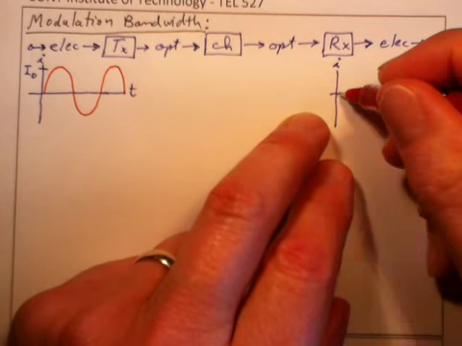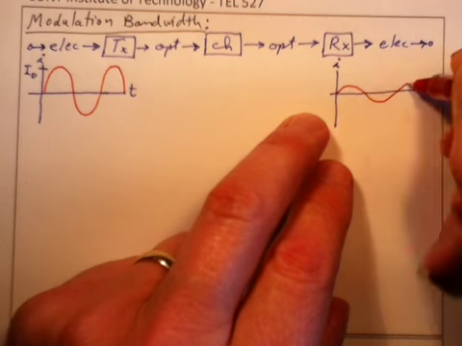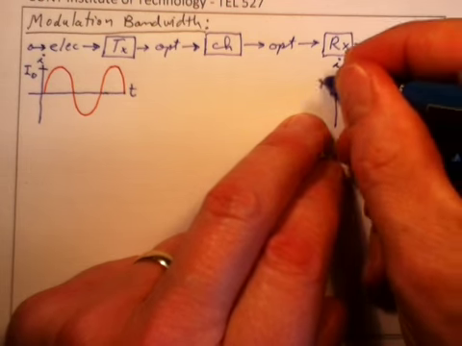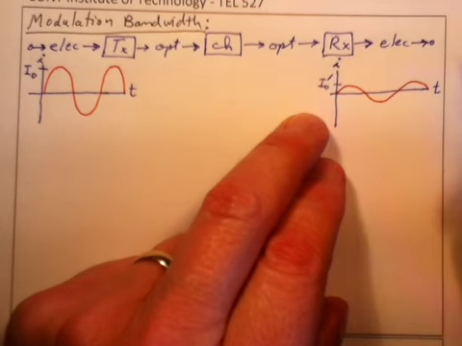So what we're going to see on the output is something maybe like this, where we have I naught prime on the output side.